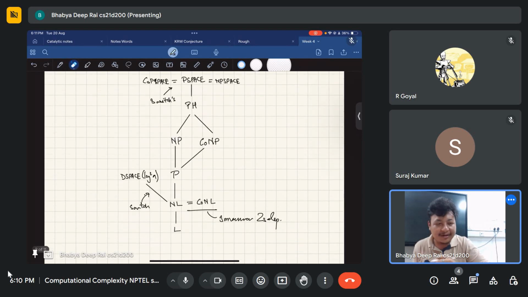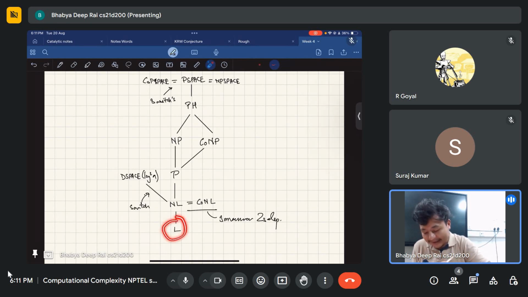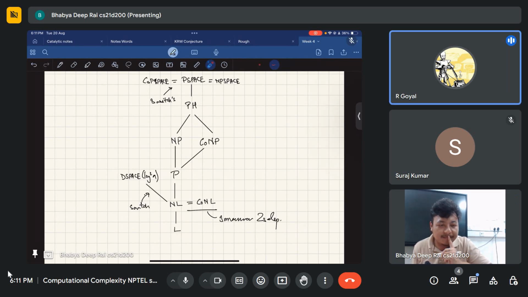I'll give you a hint. Can you tell me why L is contained in P? If the time complexity is f(n), and a Turing machine runs in space f(n), then it would require time of the order of 2 to the power f(n).